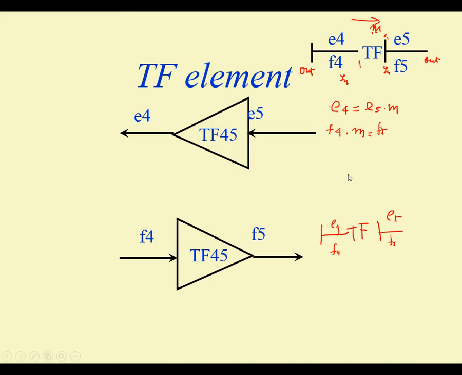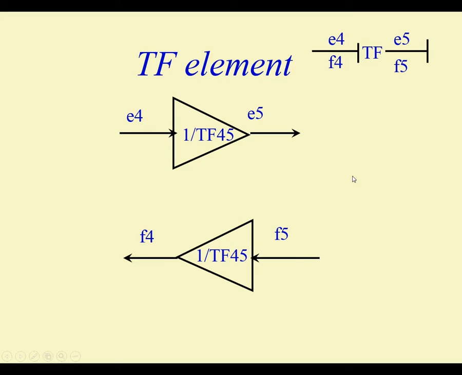Alright, here's the other form. You could have, if the modulus is written in terms of the output F or 5, or the flow 5, flow 4 in this case. So how would this be on this?